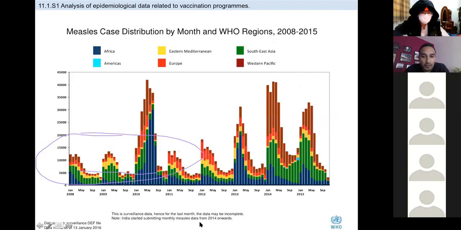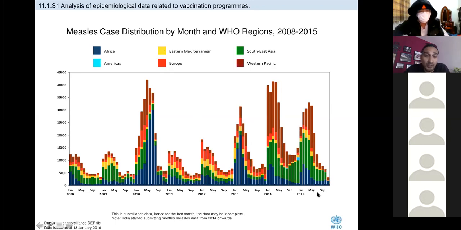So then you might see this kind of data, and actually the WHO has lots of data on many different diseases, their incidence across the world, in different countries and regions, as well as across time.